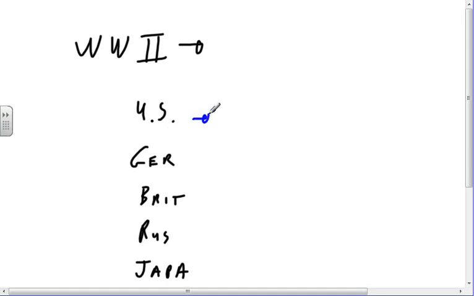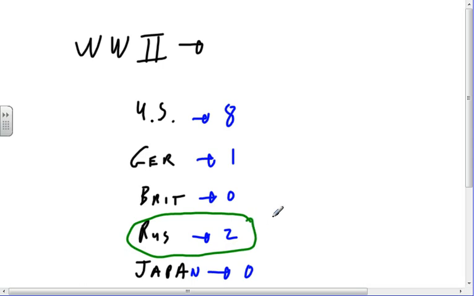How many people think Germany won? How many think the British won? How many think the Russians won? I think you already voted there, Jeff. How many think Japan won World War II? No. Okay. That's the right answer.